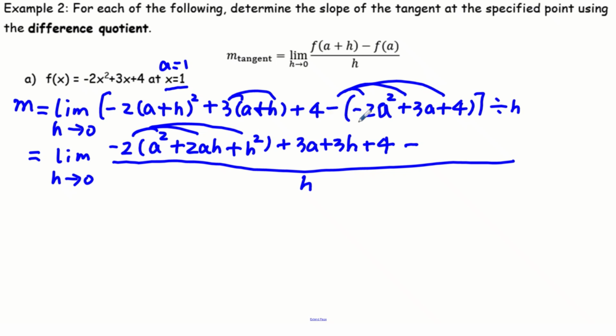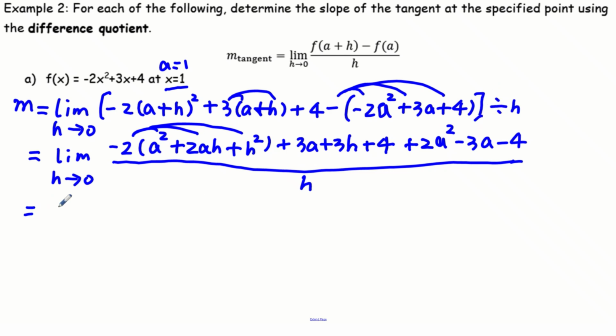Negative sign in front, you will switch all the sign to its opposite. So negative times -2 is positive 2a squared. Then -1 times 3a is -3a. -1 times 4 is -4. Then all over h. So before this one is divided by h.